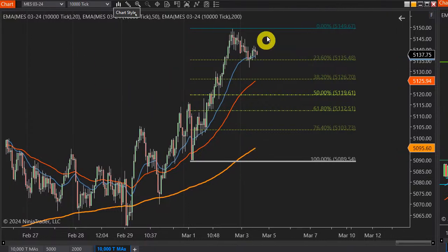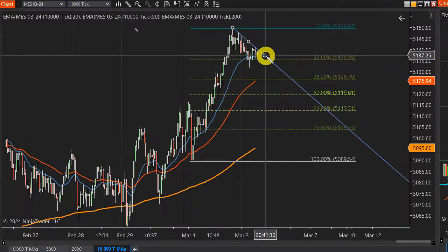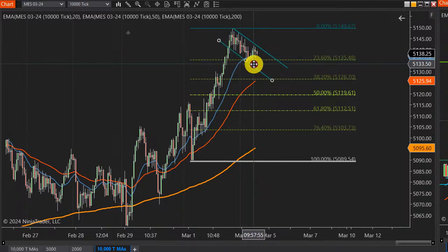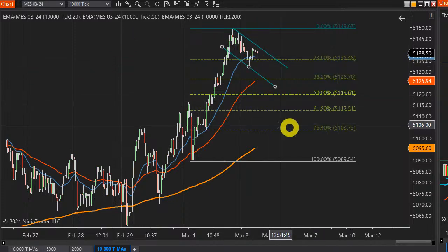It looks like a nice bull flag, though, doesn't it? Still, even if it were to form a longer flag, it could still come down further.